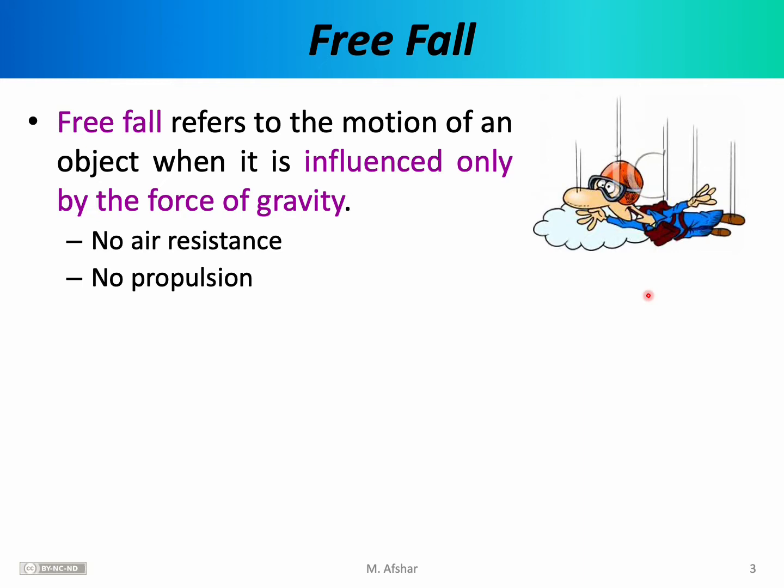We'll talk about air resistance at length in chapter 6, but for now you simply need to know that when objects are not moving too fast, we can ignore the effects of air resistance. So most objects that are falling under the force of gravity with not too much speed can be considered to be in free fall.